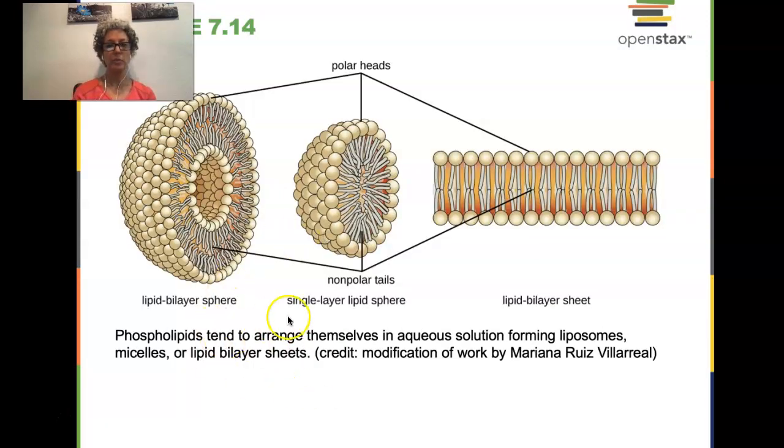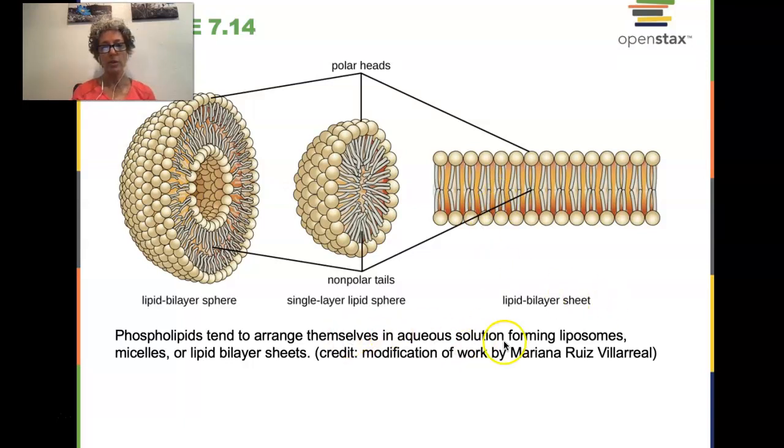So our phospholipids in a membrane look like this. We've got the polar heads facing into the cell, we've got polar heads facing out of the cell, and the fatty acid non-polar tails attract to each other because polar things associate with polar things, non-polar things associate with non-polar things.